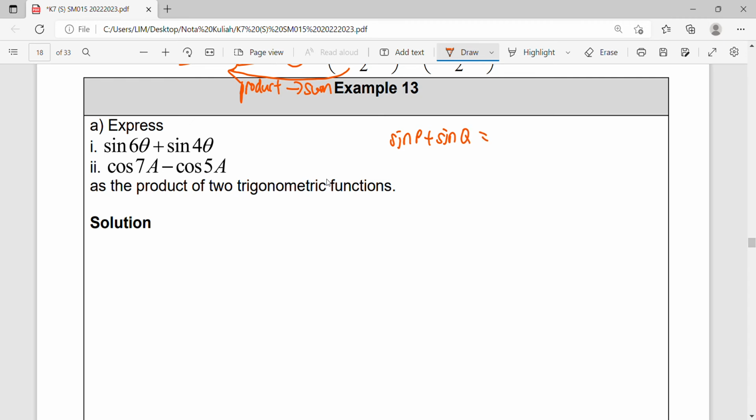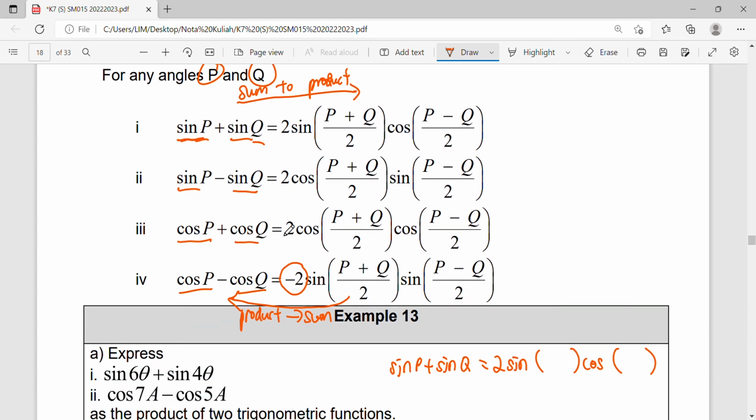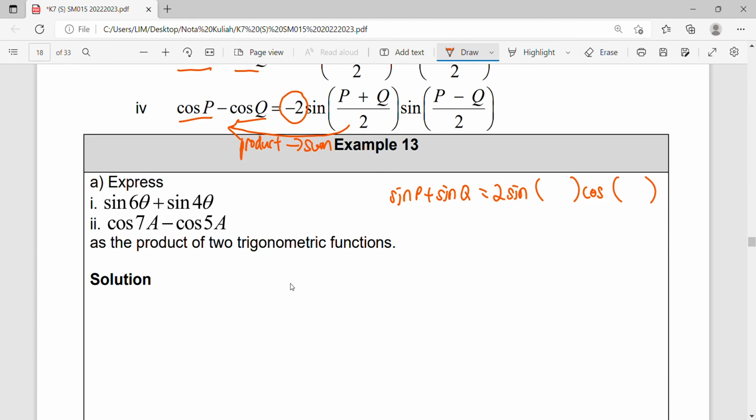It will give you 2 sine and cos, right? So kena ingat sine plus sine, sine cos. Kalau minus, terbalik cosine. Kalau cos plus cos, cos cos. Kalau minus, dia terbalik jadi sine, dan coefficient dia negative. So the angle that comes in front, plus and divide by 2. The angle that comes after that, minus and divide by 2.